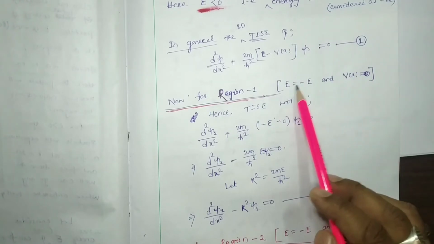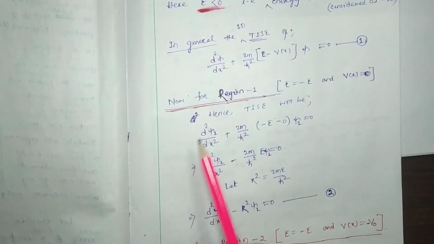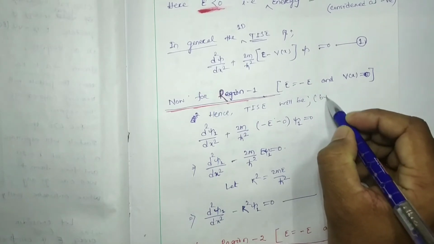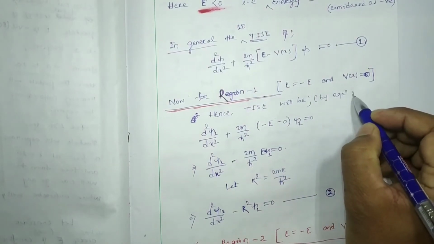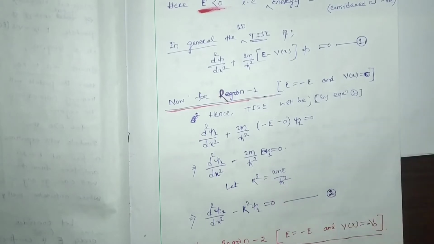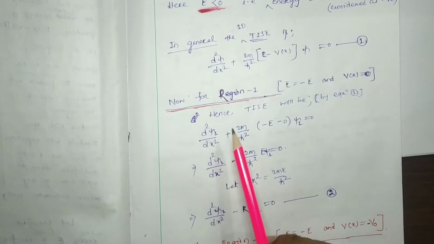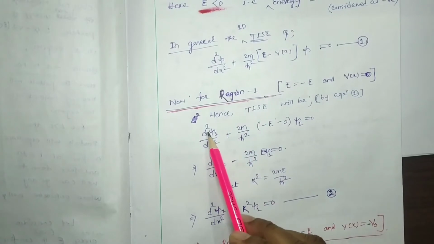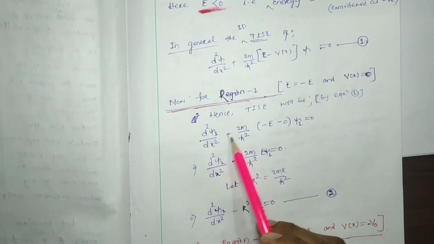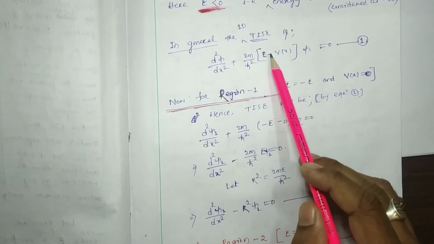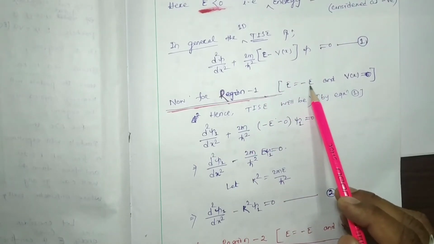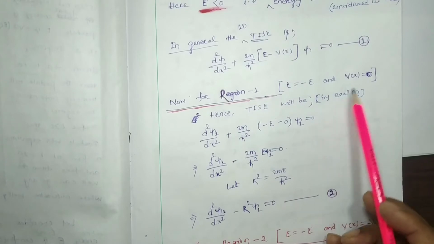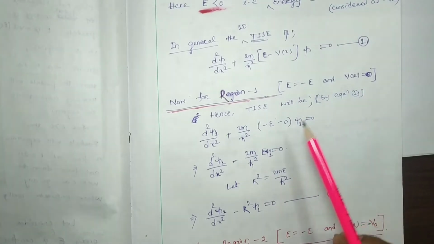Putting these in equation number 1, with psi 1 for region 1: d square psi 1 by dx square plus 2m by h cross square (minus E minus 0) psi 1 equal to 0.